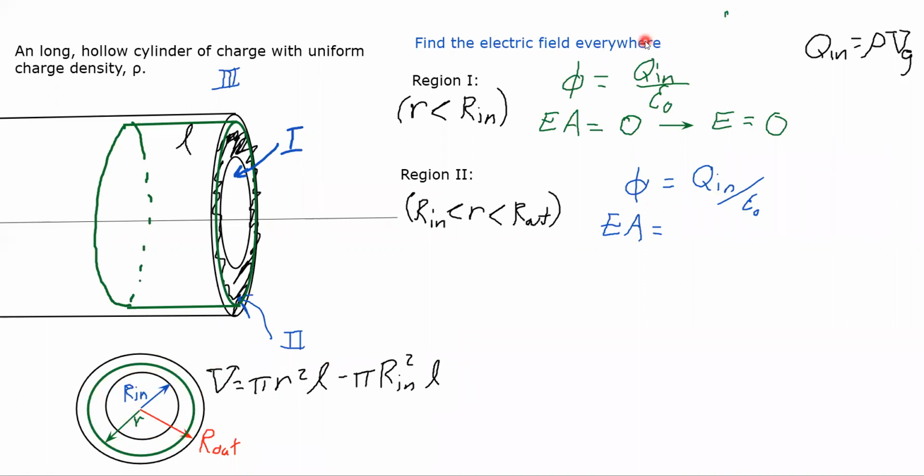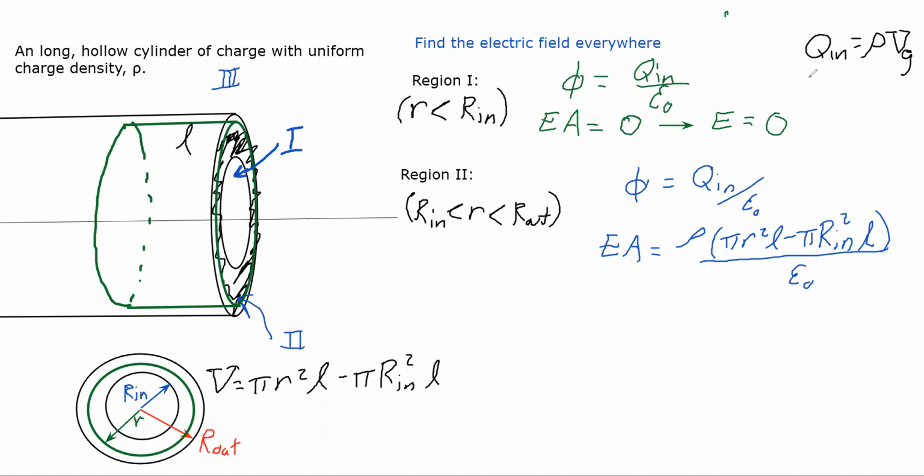So let me move this, give myself a little bit more space, and Qn becomes charge density times that volume, pi r squared L minus pi Rn squared L. I know, a little harder there.